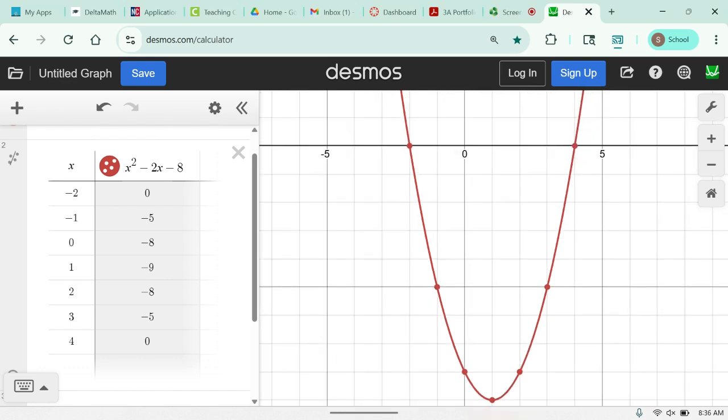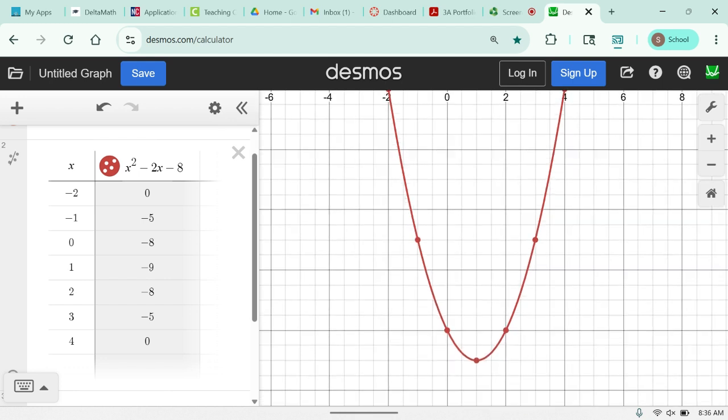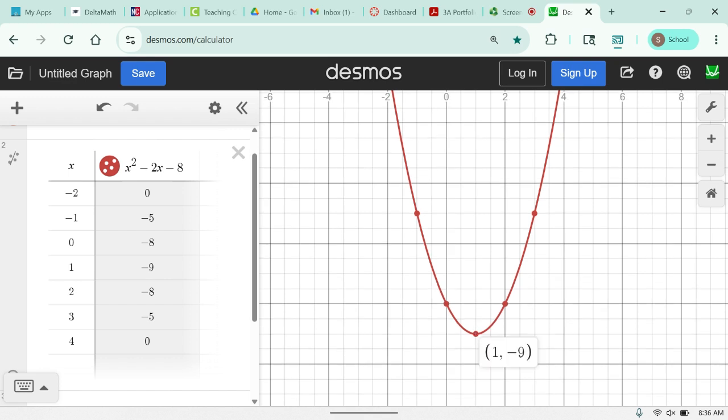Look at Desmos. Where do I start increasing? We know that this is the turning point. So where does it actually start increasing? At 1. So it starts at X equals 1 because that's where we turn.